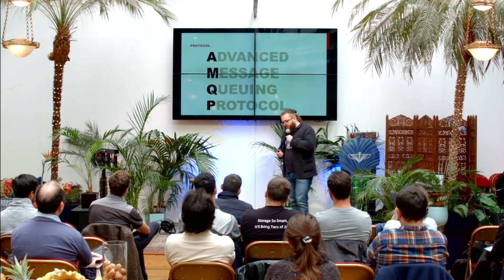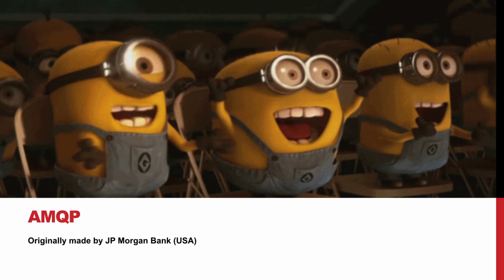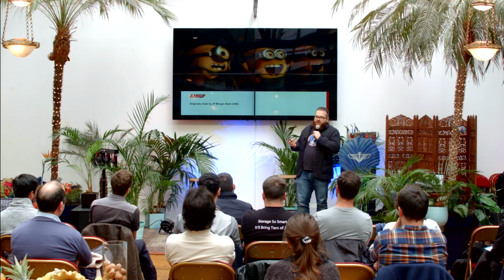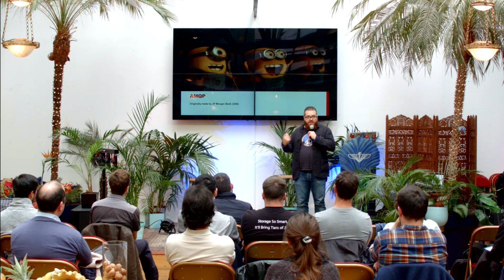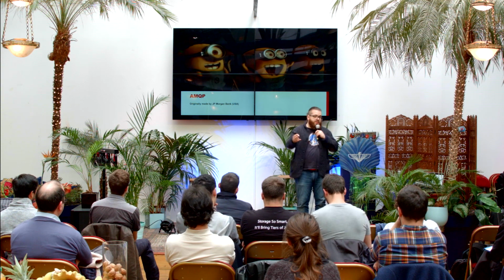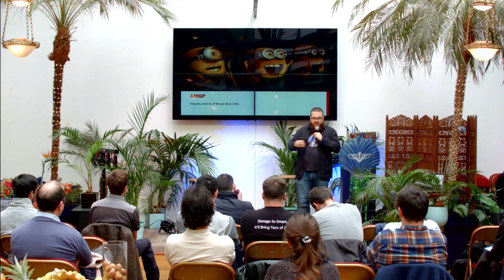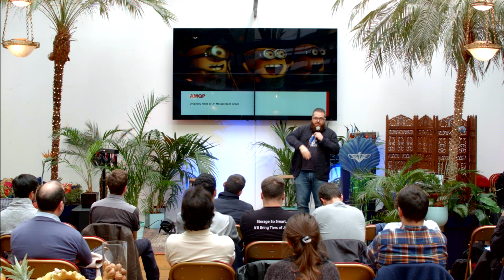RabbitMQ is based on something called AMQP, the Advanced Message Queuing Protocol, which was created by JP Morgan. The basic idea of JP Morgan was: we have some events happening, and we need to communicate them between us and other banks. We needed a way to spread events about financial matters across many organizations.